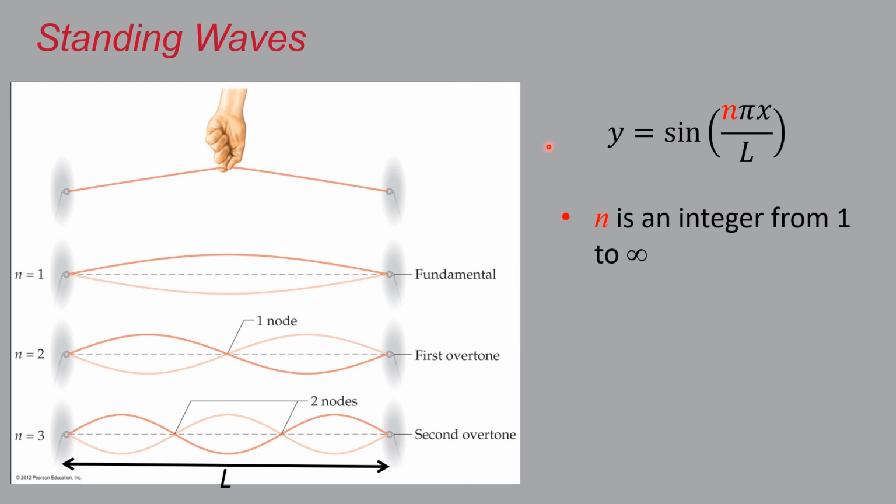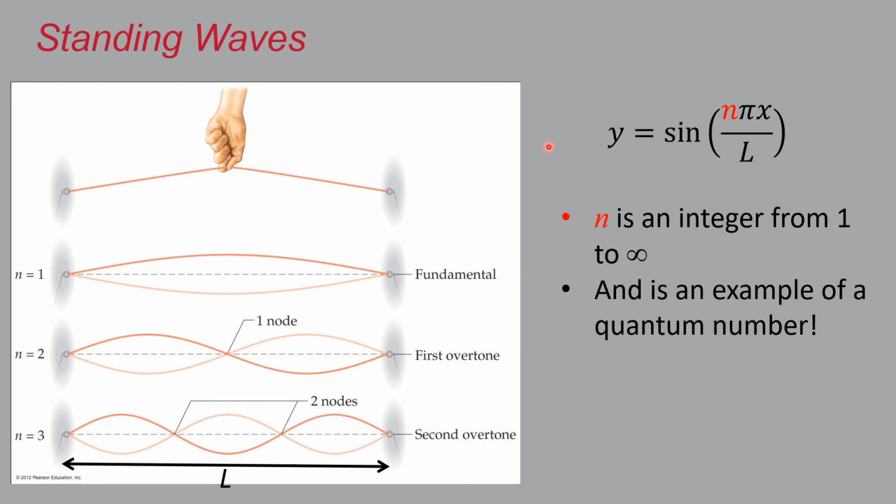What's important is that n, in this case, is our first instance of something called a quantum number. It is a value that usually is not infinitely variable. In this particular case, n has to be an integer from 1 all the way up. It can't be a negative number, and it has to be an integer.